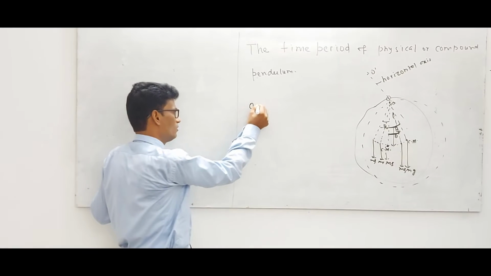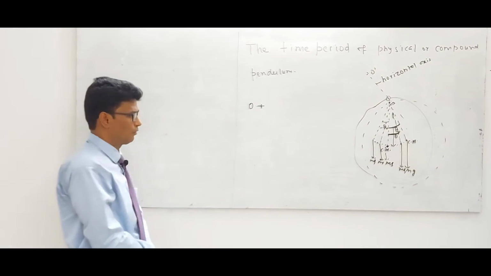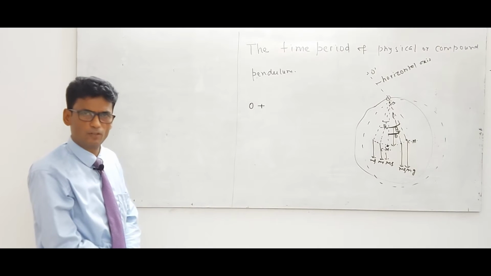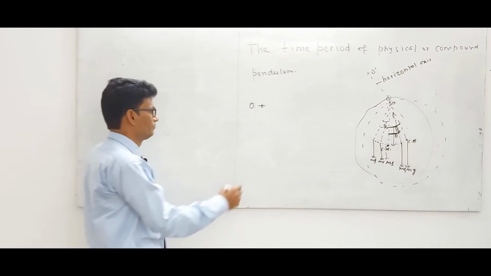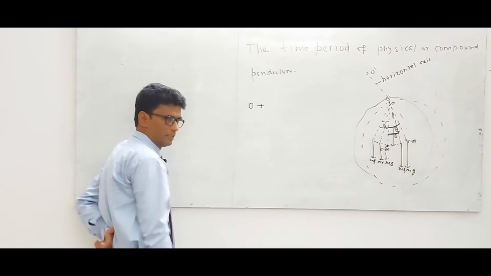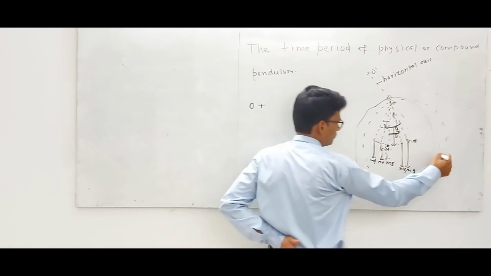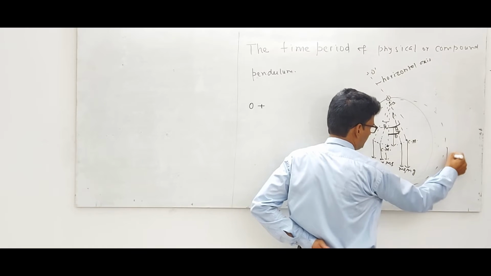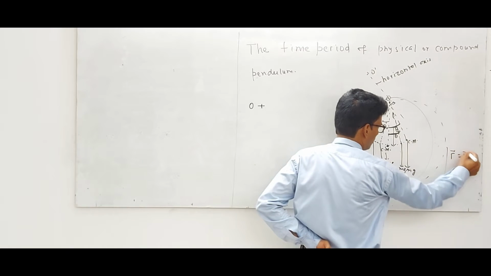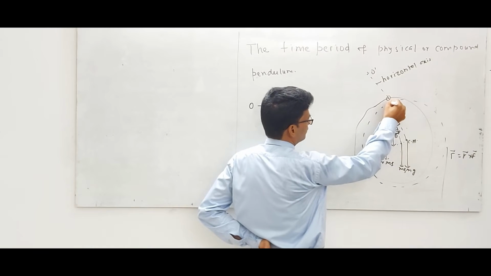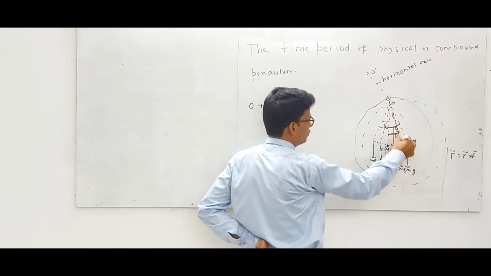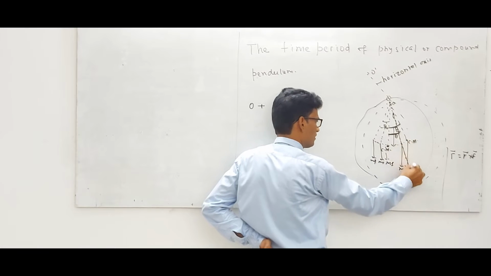So here 0 plus the torque of the uniform gravitational field mg. So R cross mg. As we all know, the very basic formula of torque is R cross F. So what is R? Look here, from the suspension point to the body's center of mass.